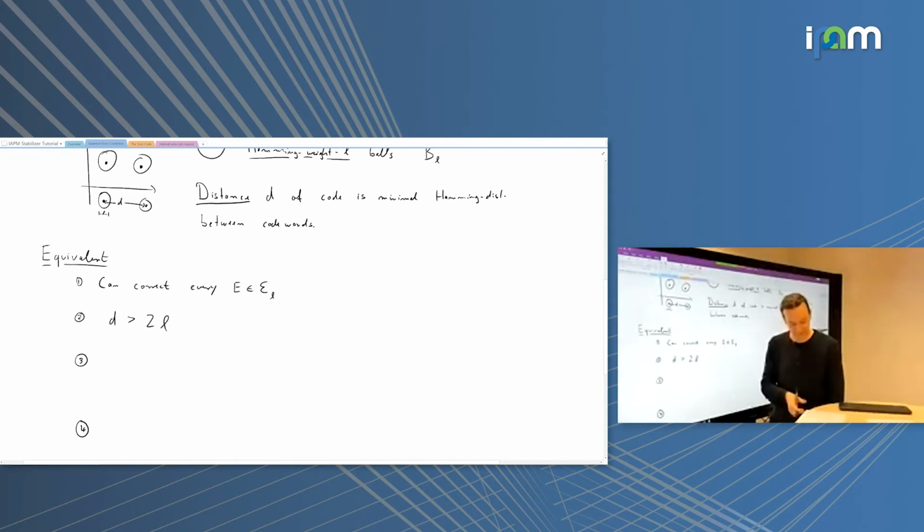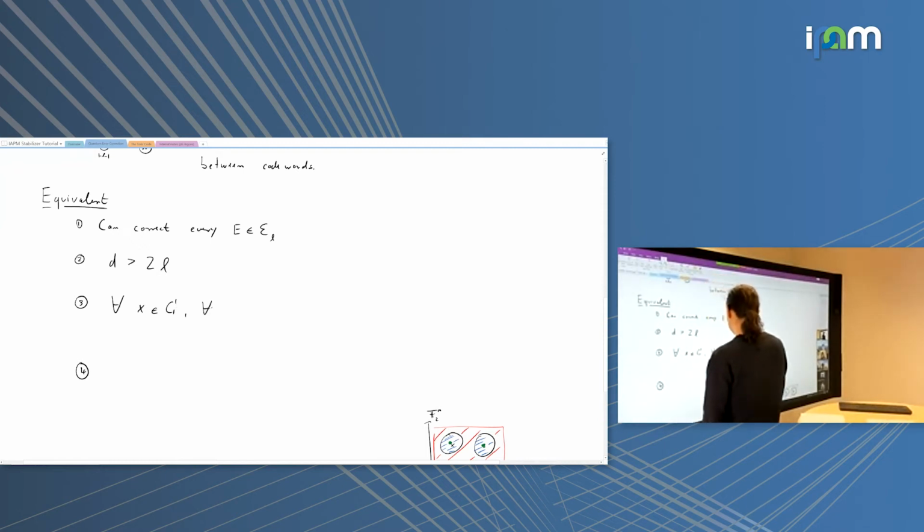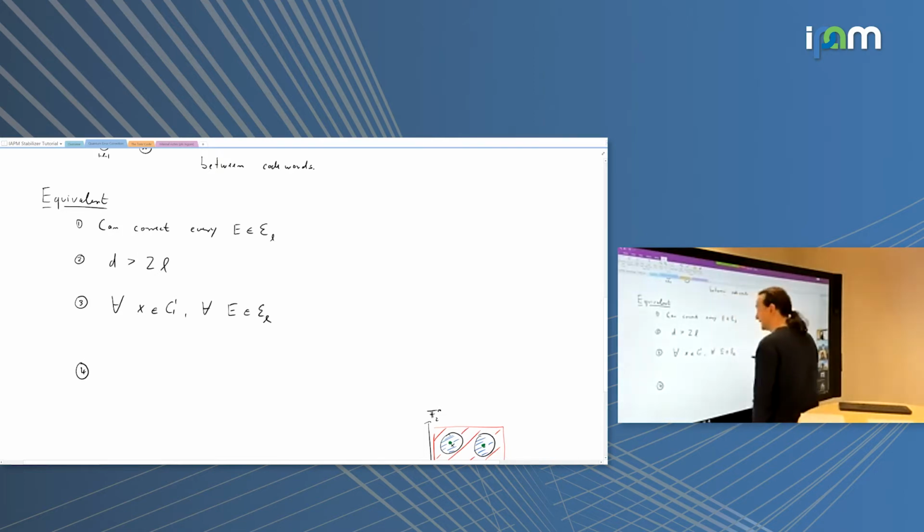There is a trivial reformulation which we'll also use in the quantum case. Namely, we want to say that for all valid code words and for all errors in E_L, if I look at the error acting on the code word, then I get back either the code word itself or something that is not a valid code word.